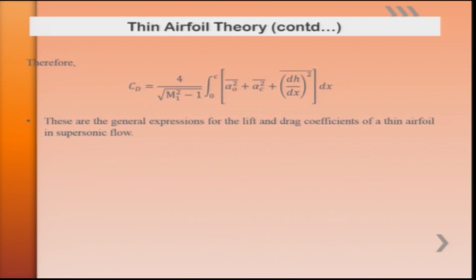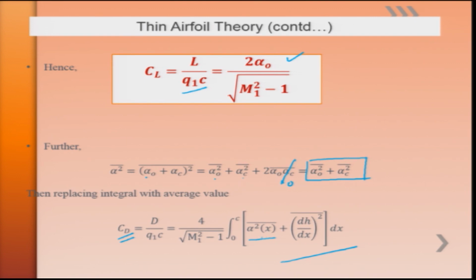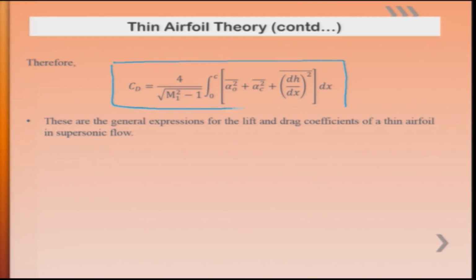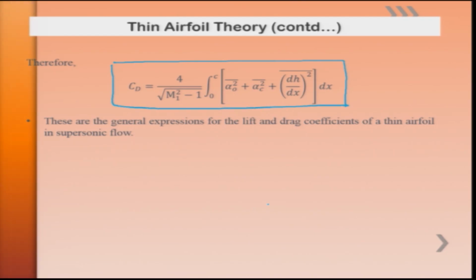And hence I can replace alpha naught square and alpha x square with this expression, and the final expression for the drag of an arbitrary shaped airfoil with a given thickness distribution is CD equal to 4 upon square root of M1 square minus 1, integral from 0 to c of alpha naught square, that is the angle of attack at which the airfoil is kept, plus the local camber distribution squared, plus the thickness distribution squared, averaged, dx.